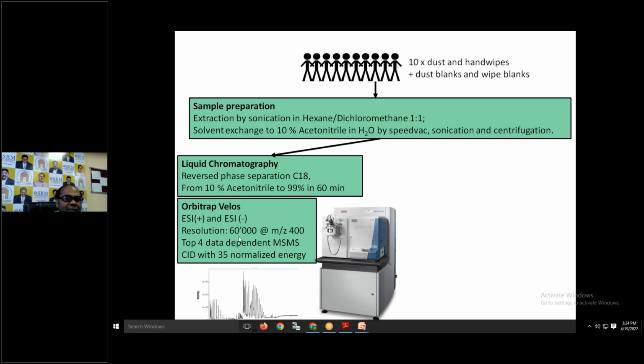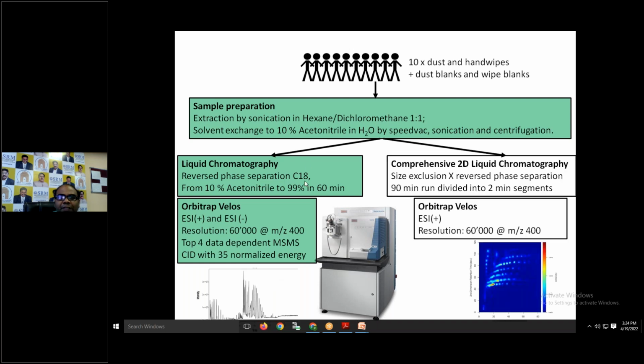And for mass spectrometry, the ionization technique is ESI, resolution 60,000, with top 4 data, CID, and normalization factor 35. We run through the mass spectrometer and get peaks showing the presence of exposomes. So this is a generalized procedure for the presence of exposomics.